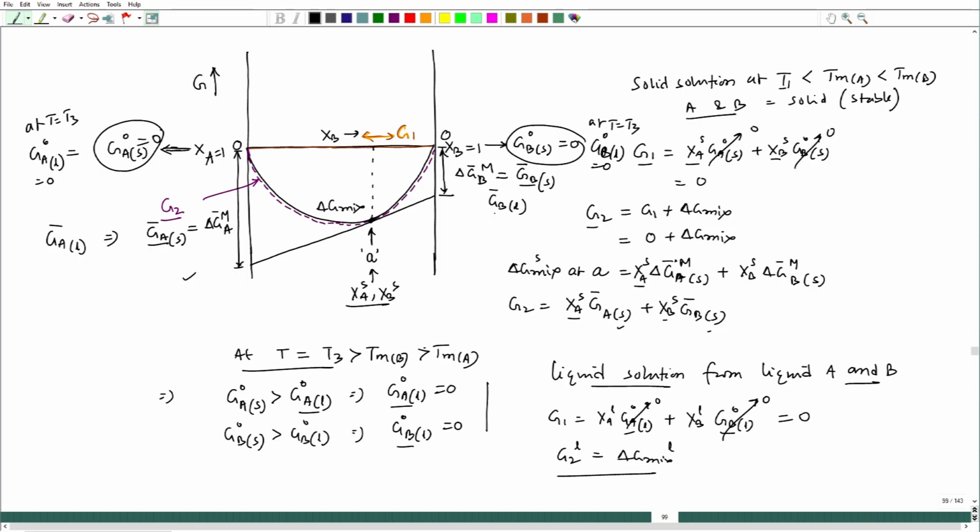So, remember, this is a liquid solution. In the liquid solution, molar partial Gibbs free energy of A as well as molar partial Gibbs free energy of B in the liquid solution, a similar plot will look like this.